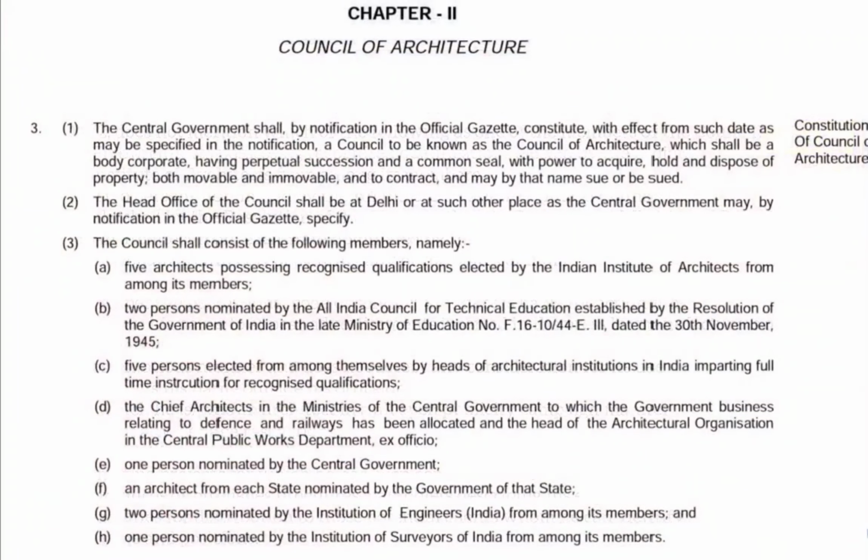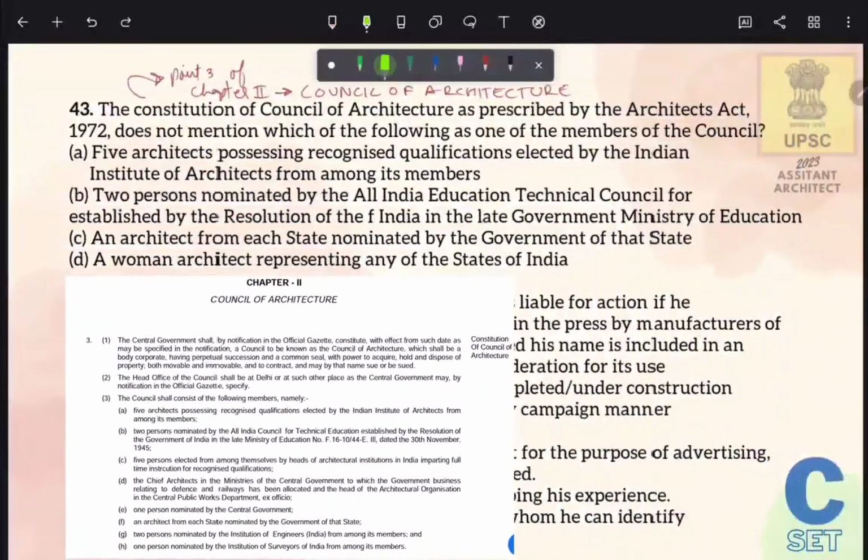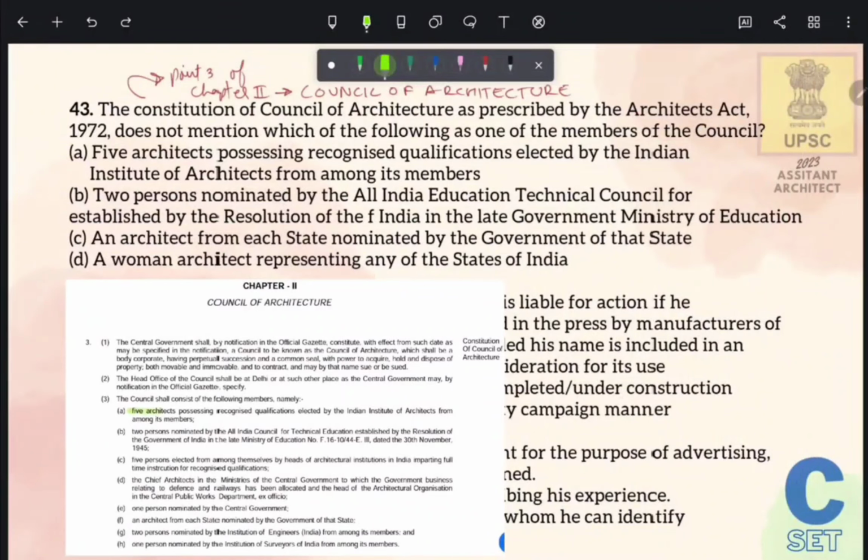Let's see who can be the member of this council. So as per this, 5 architects possessing recognized qualification elected by Indian Institute of Architects from among its members can be the part of this council, which is given in option A.